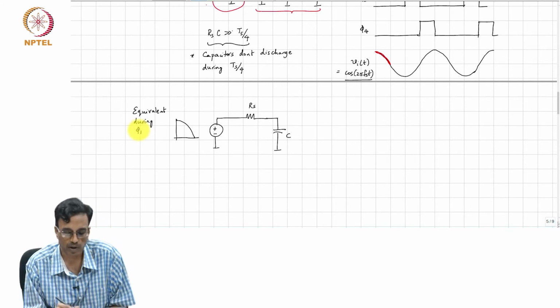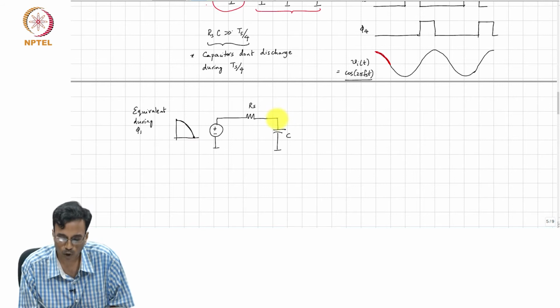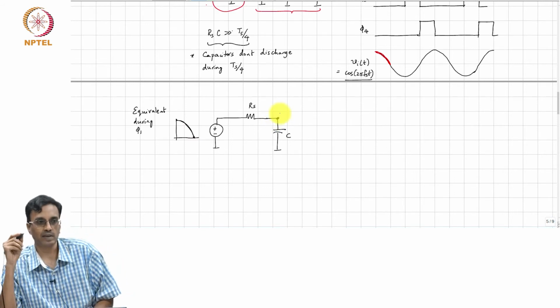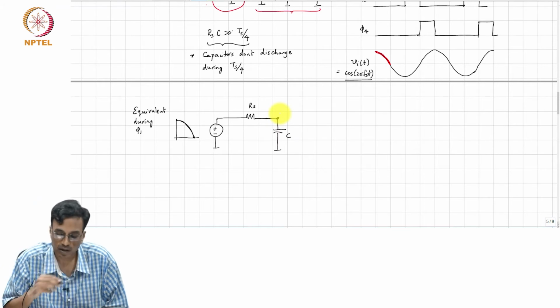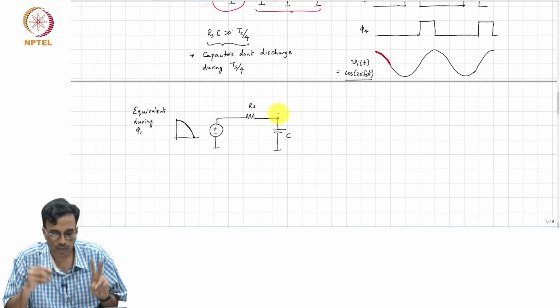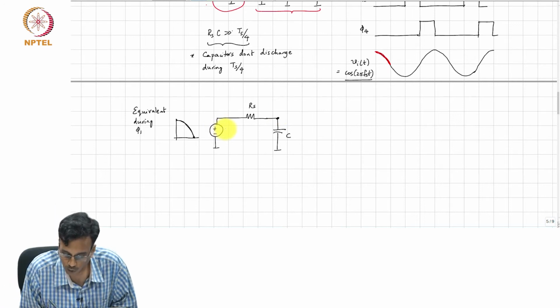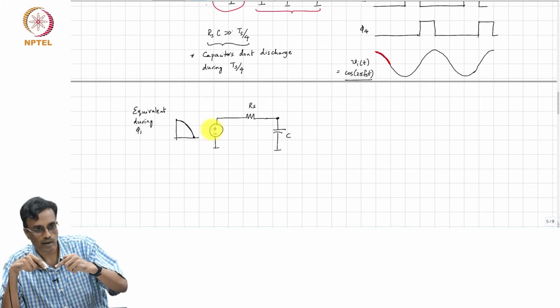So, what do you think will happen? In steady state, what comment can you make about the voltage across the capacitor? That final value it will reach. No, think carefully. When you close the switch, two things are happening. One is the input voltage source is trying to charge the capacitor through that RS.